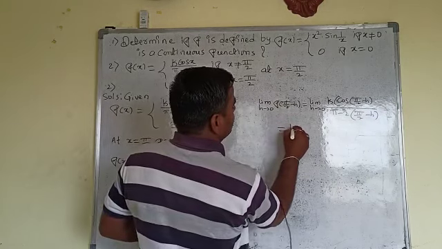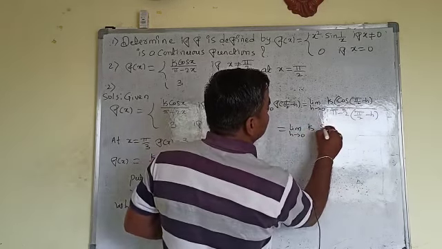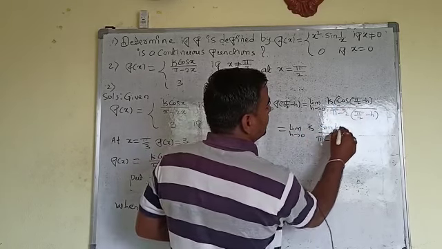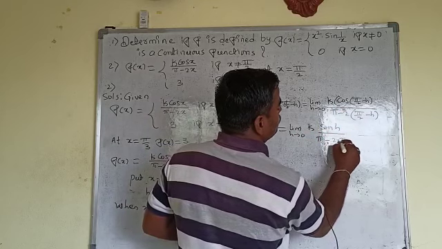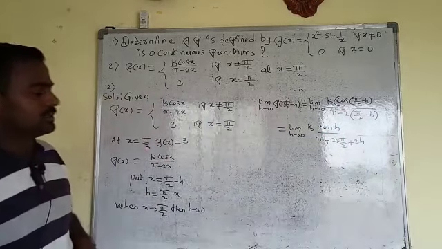Now simplification: limit h tends to 0, k sin h, whole divided by pi minus 2 into pi by 2 minus h, that is pi minus pi plus 2h, right?